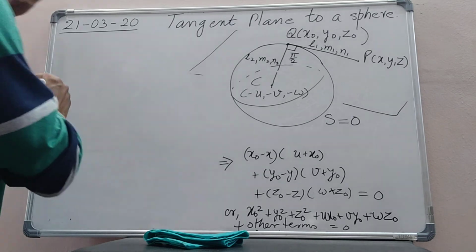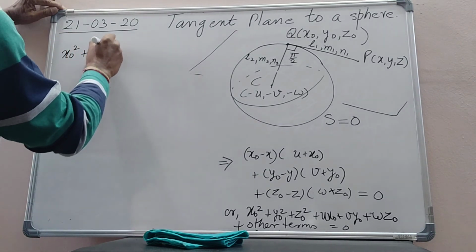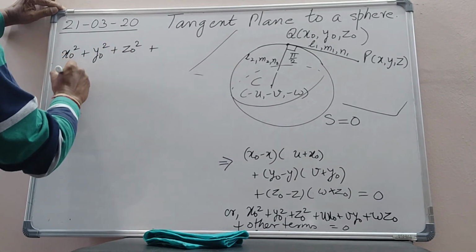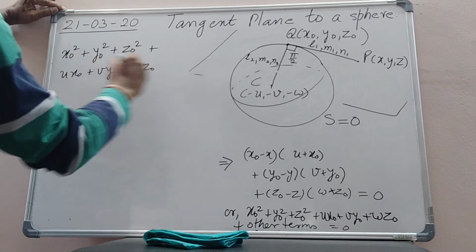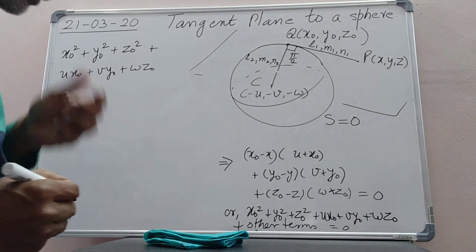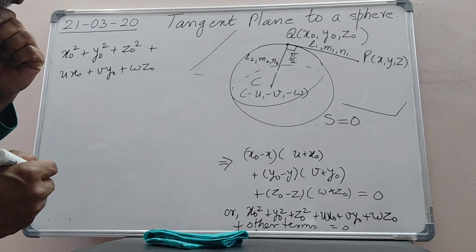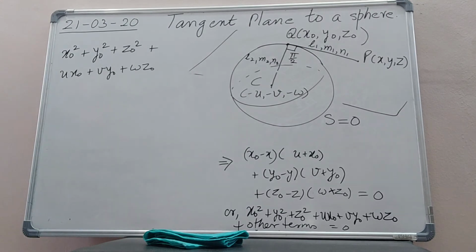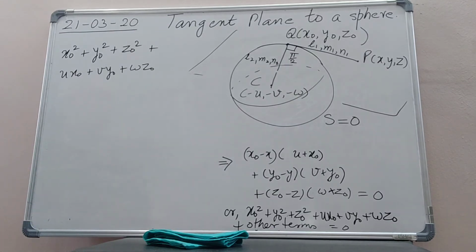So what I have is x naught square plus y naught square plus z naught square plus u x naught plus v y naught plus w z naught. And I will throw the other terms on the other side.